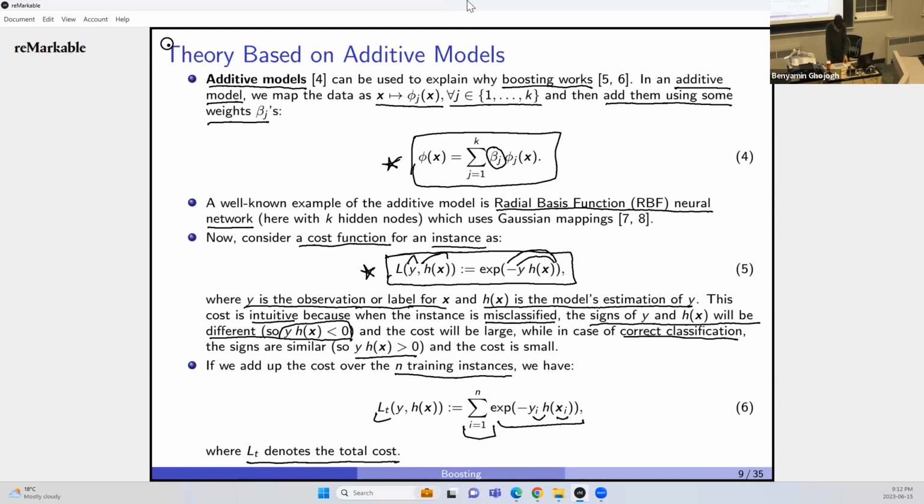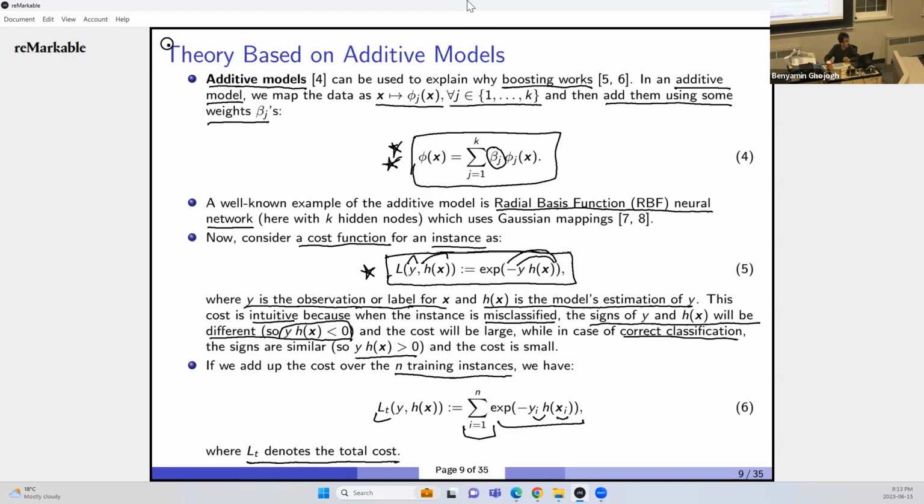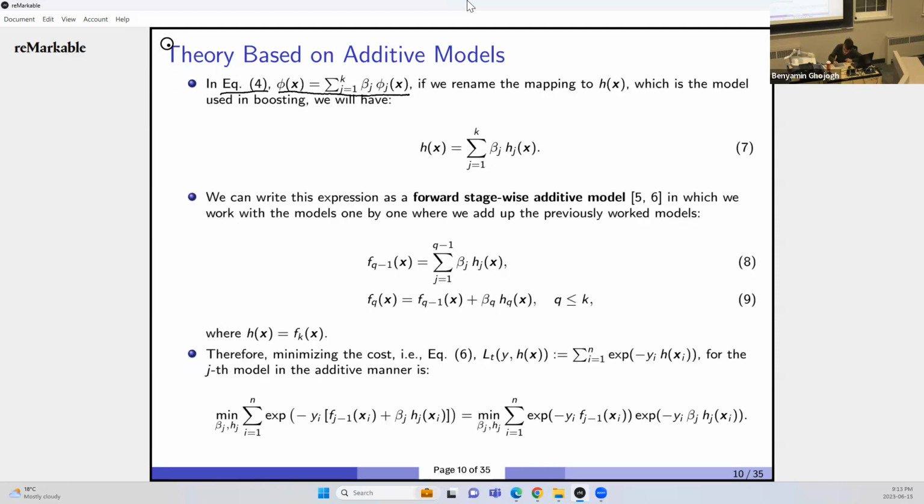Okay. In equation 4, phi(x) is the summation of beta_j phi_j(x), j from 1 to k. This was the additive model. Here you had this equation, right? Okay. If we rename the mapping to h(x), so I assume phi_j(x) is h(x). And what is h(x) in boosting?